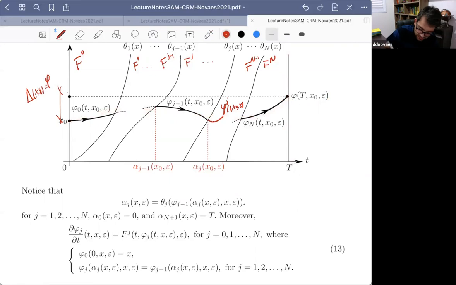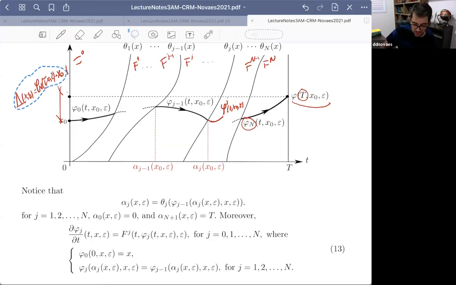Note that phi t for t equal capital T is phi n. This is important too. So this is phi n, the last piece of our trajectory computed at t, x0, epsilon, minus x0. This is the displacement function.